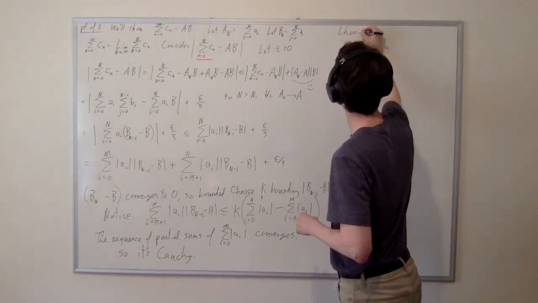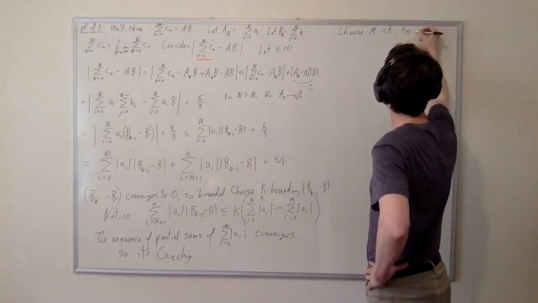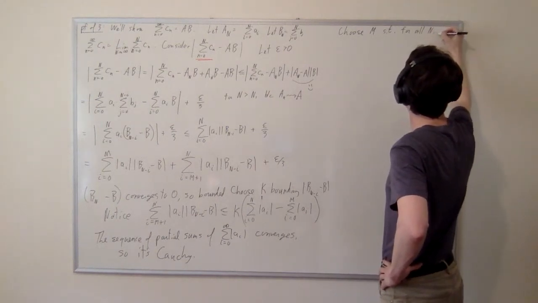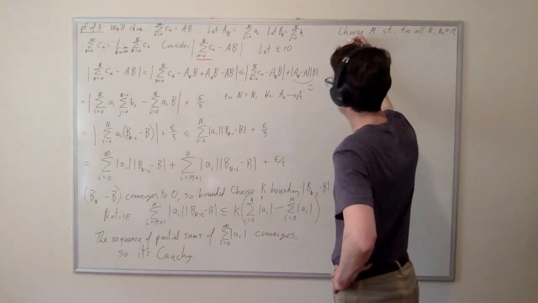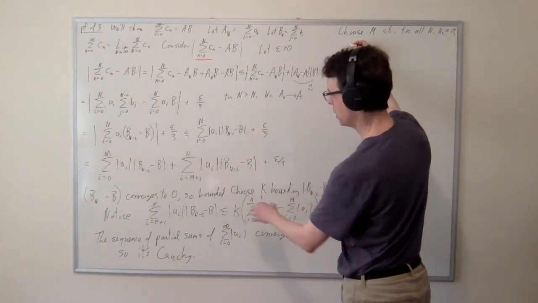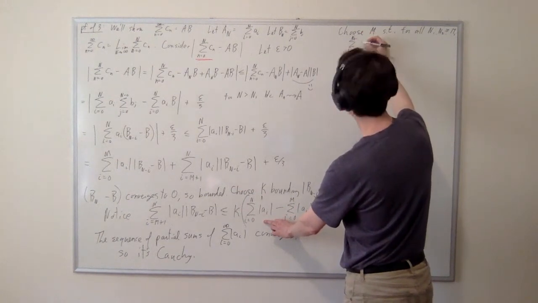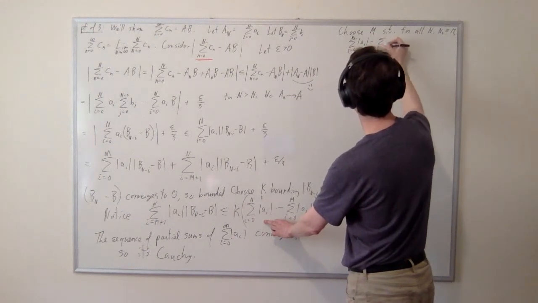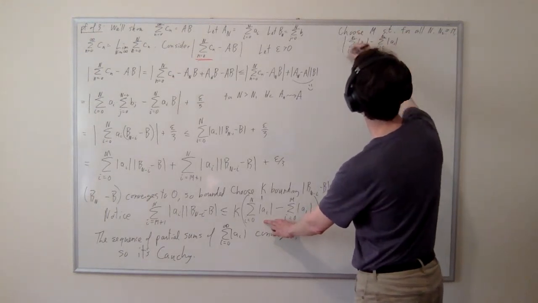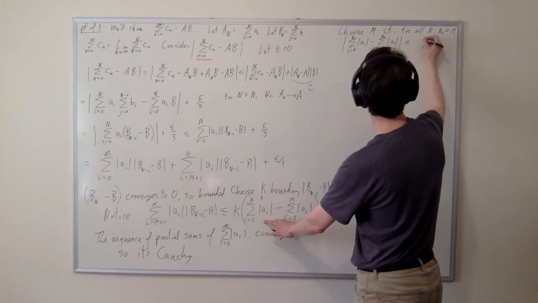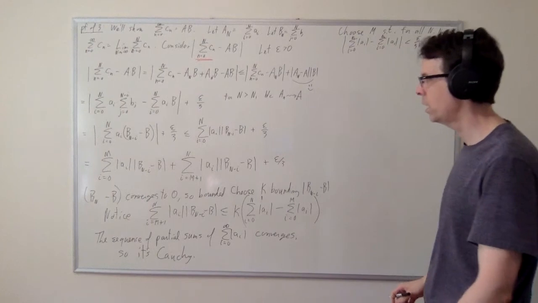And so we're going to choose m so large that for all n1 and n2 greater than or equal to m, this thing here, summation I equals 0 to n1 of absolute AI, minus summation I equals 0 to n2 of absolute AI, this difference is less than epsilon over 3, and I'm going to drop a K in there because I have a K to cancel. Okay?